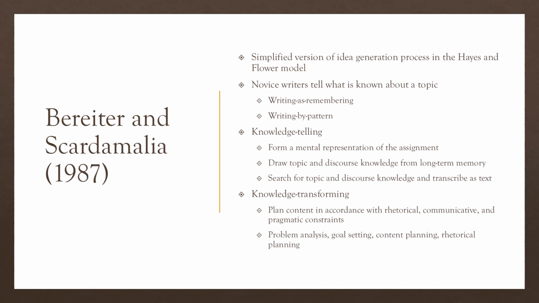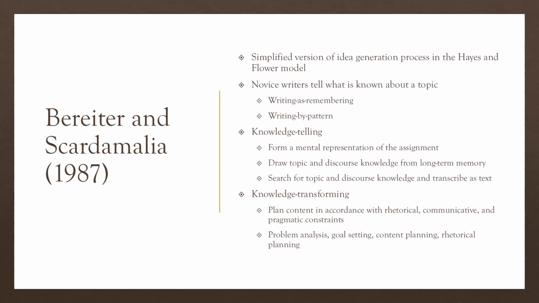When we get to knowledge transforming, this is when students plan their content in accordance with rhetorical, communicative, and pragmatic constraints. So their goals are to create knowledge, to analyze a problem, to plan content and rhetoric.